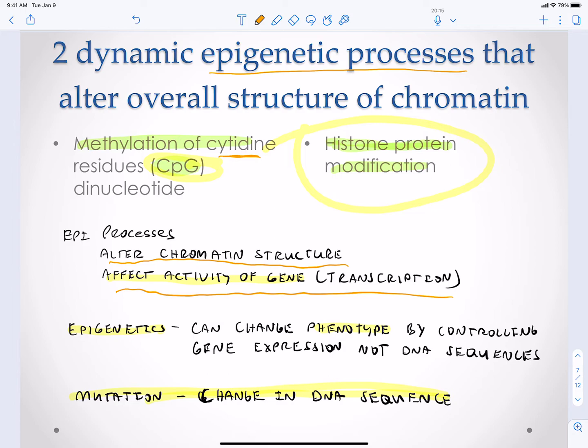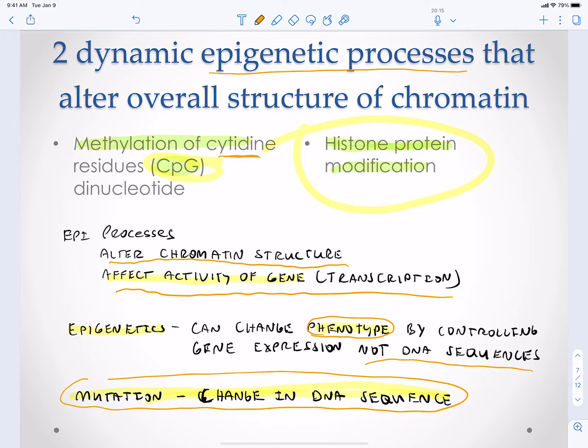So epigenetics can change the phenotype by controlling gene expression. It does not change DNA sequences. Mutations, on the other hand, are going to change DNA sequences, and mutations are not epigenetic processes.